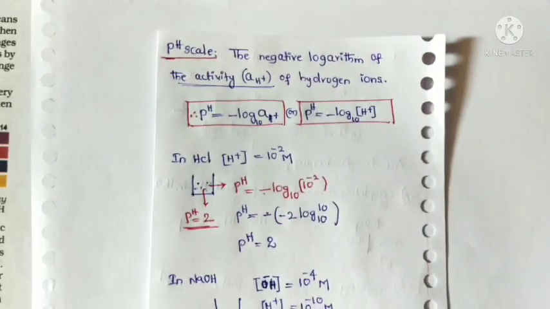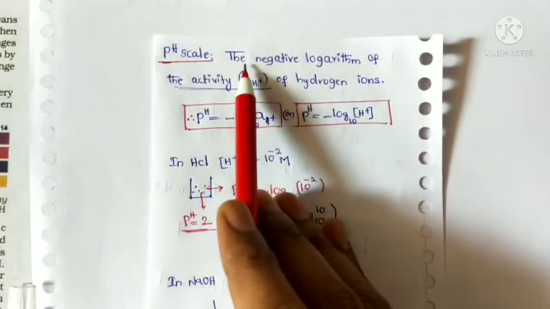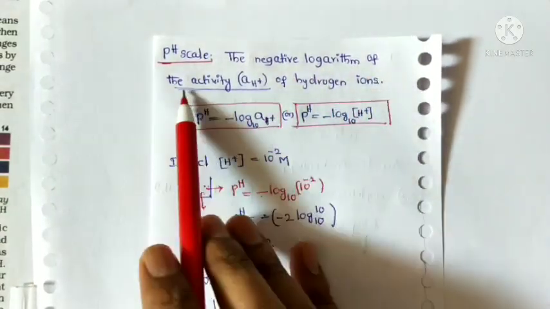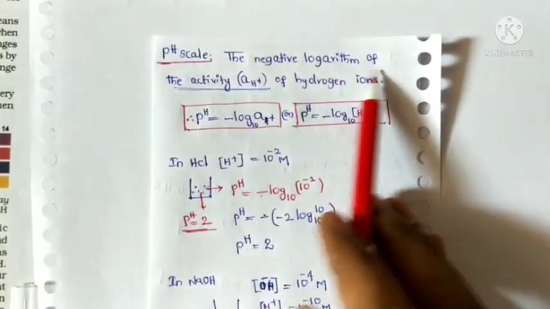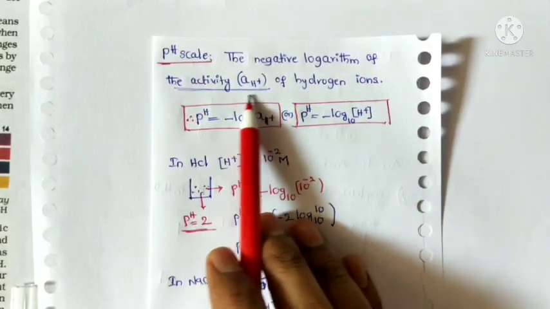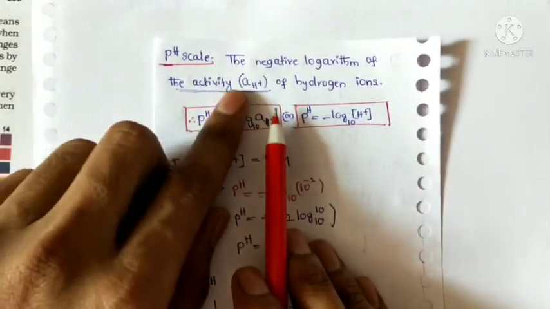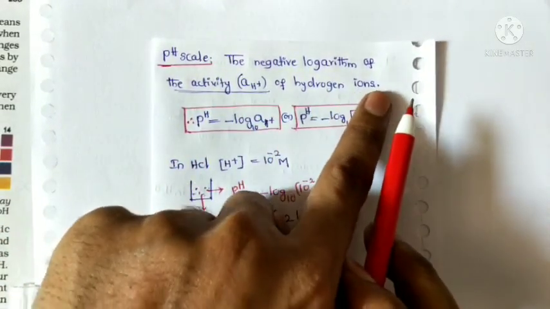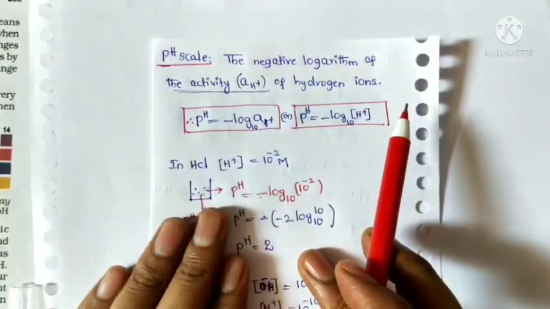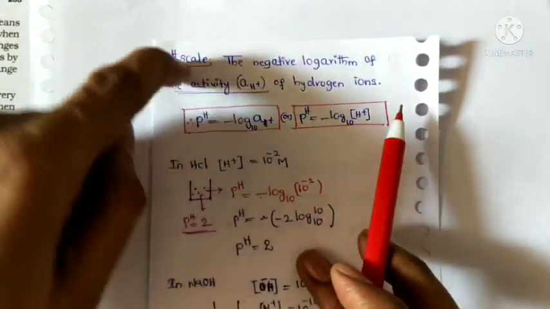Here, what is the definition of the pH scale? The negative logarithm of the activity of hydrogen ions, or the negative logarithm of concentration. Both are equal words, activity as well as concentration. The negative logarithm of the concentration of hydrogen ions or hydronium ions is called the pH scale.